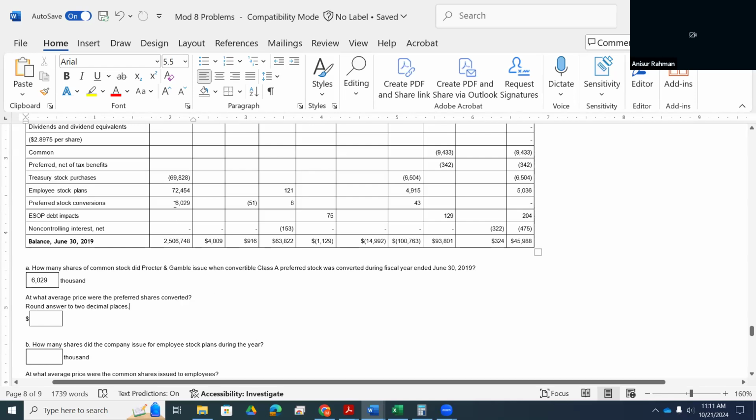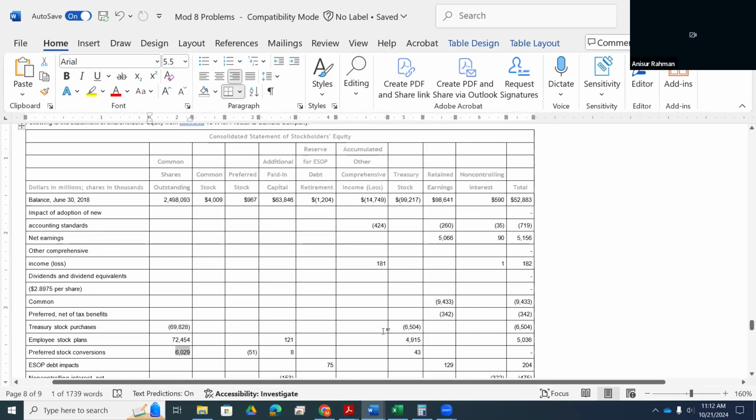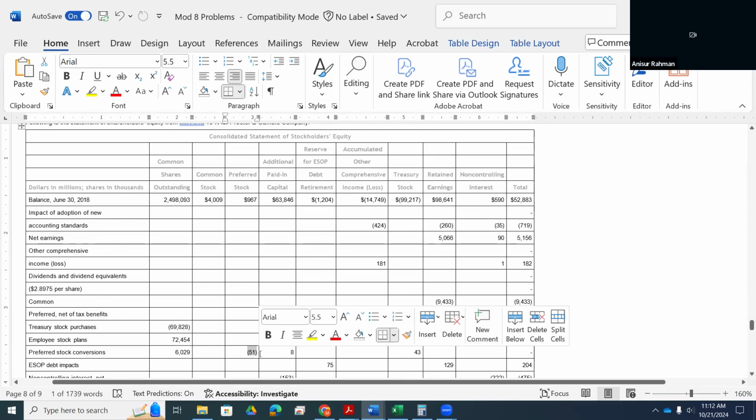So this is how many shares and what was the average price. Now if you look into the amount, we have preferred stock decreasing by 51 million because they were replaced with common stock.